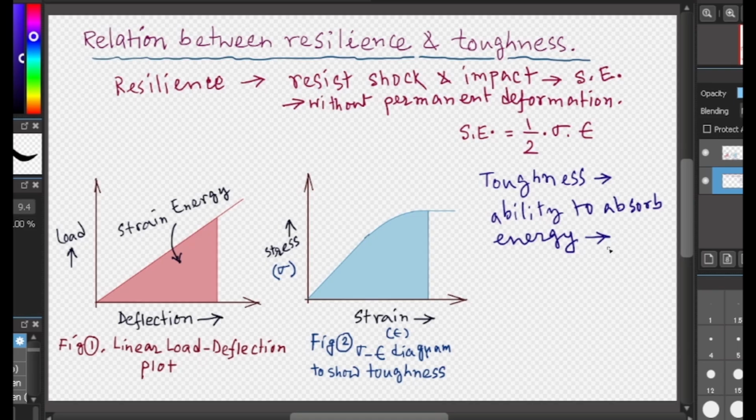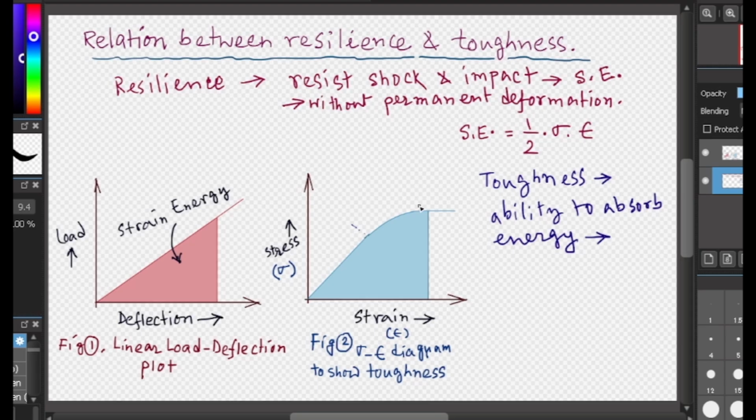The measure of toughness is the area within the stress strain diagram as shown in figure 2, including the inelastically deformed zone. That means for a part of this particular curve, for example from the origin up to this particular point, it is elastic or linear in nature, and after that it becomes inelastic.